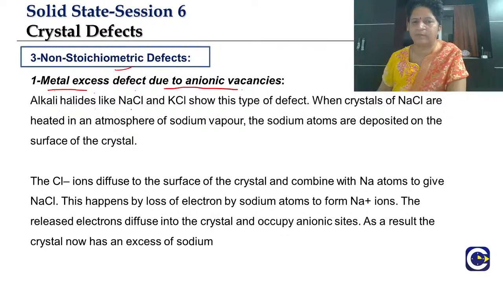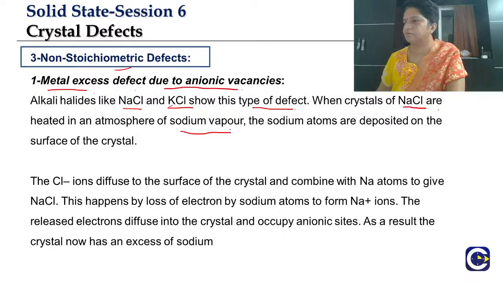Halides of alkali metals like NaCl, KCl show this type of defect. So when crystal salts of sodium chloride are heated in sodium vapor, what are we doing? We take sodium chloride and heat it using sodium vapors. What happens if the surface of the crystal has depositions of sodium ions?